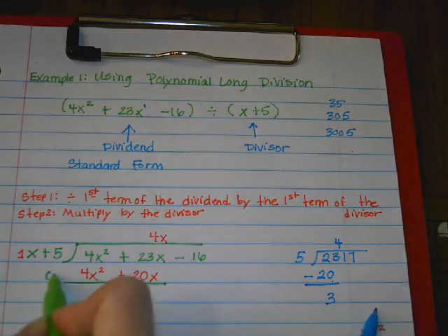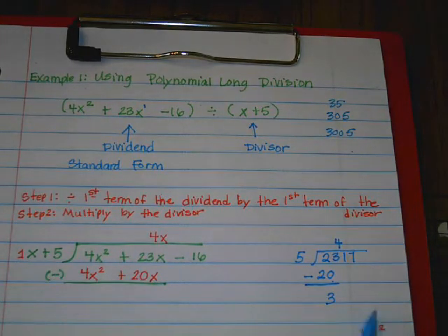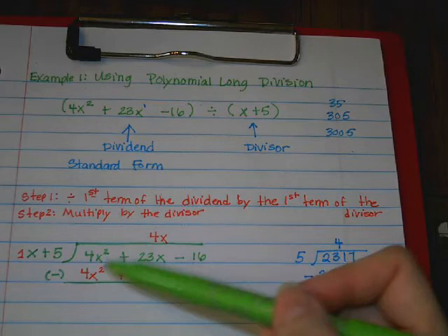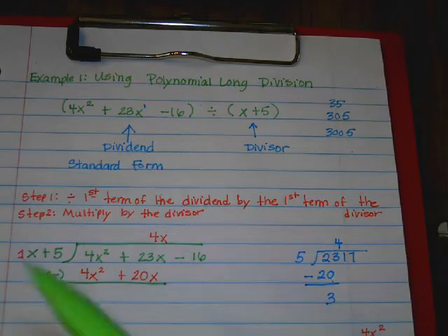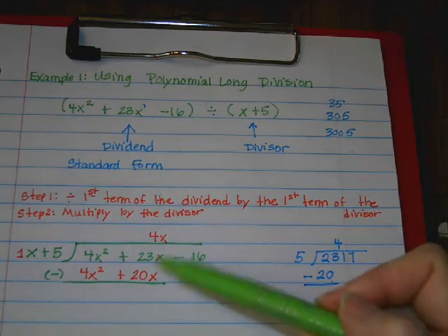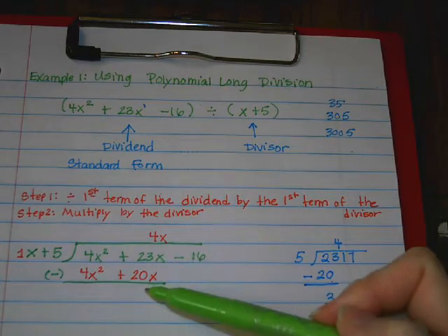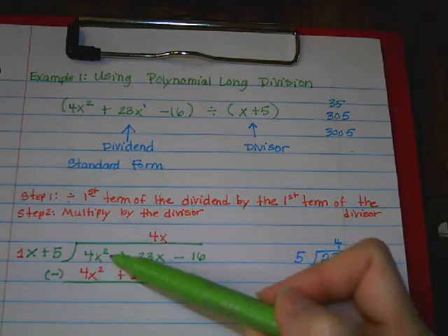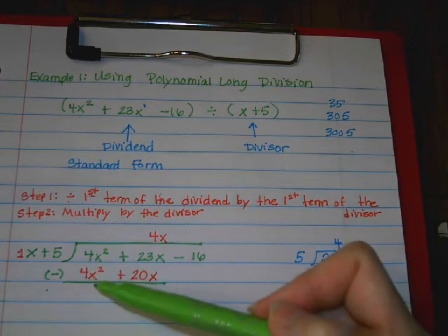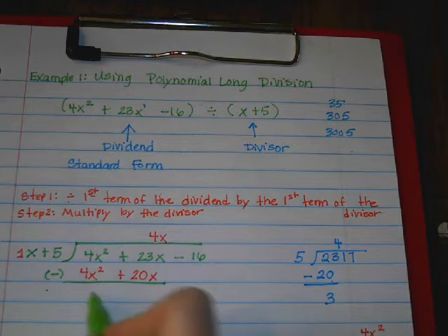We now will subtract, but it is important here that you understand that you're not just subtracting the first two. You are also subtracting the last two. So we got to subtract 4 minus 4. So 4x squared minus 4x squared leaves you with 0. There is nothing here. That's a 0 value.